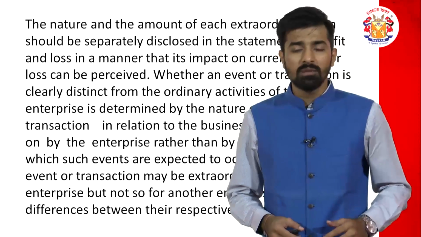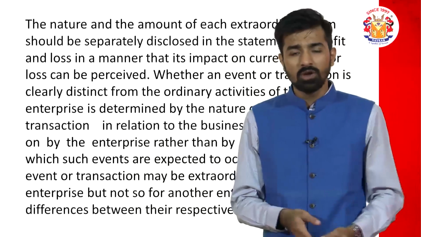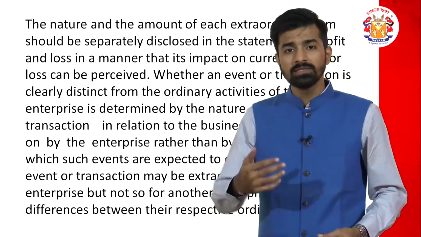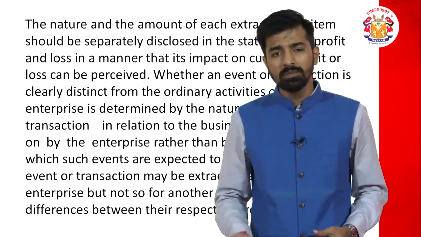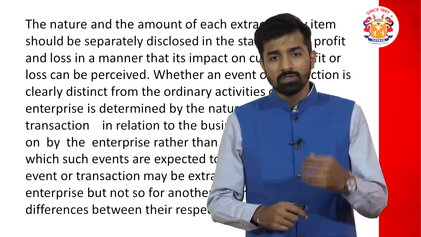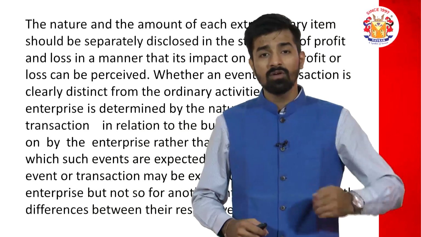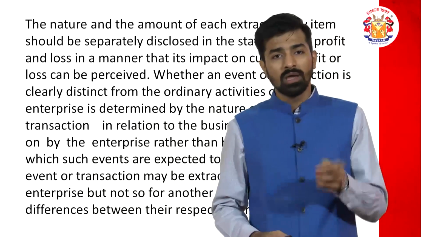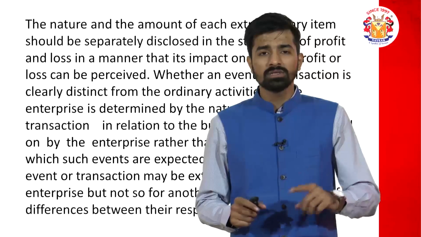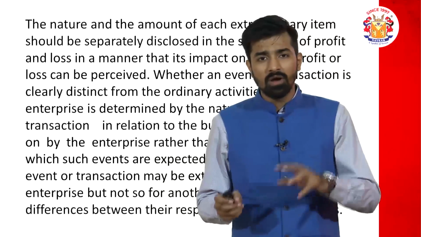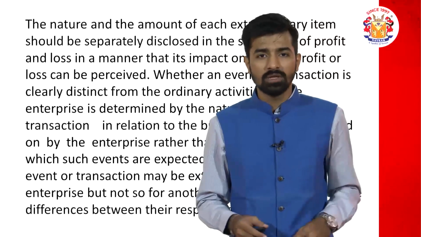But for an insurance company, all the insurance claims arising due to loss from an earthquake are an ordinary activity. That's what insurance companies are meant for. So it is an ordinary activity for an insurance company to receive claims for loss from an earthquake, but not for an enterprise other than an insurance company.